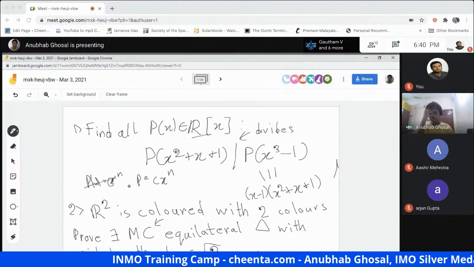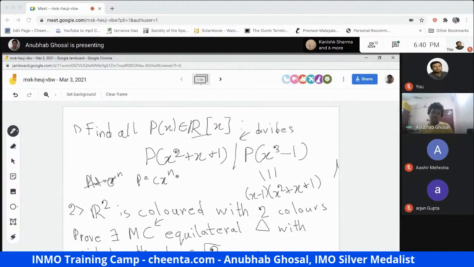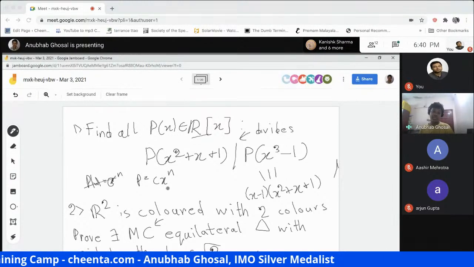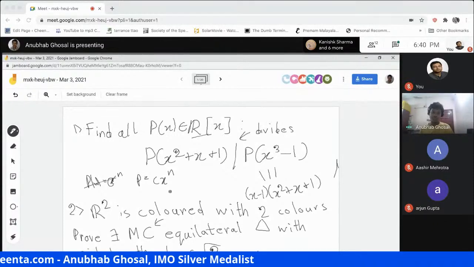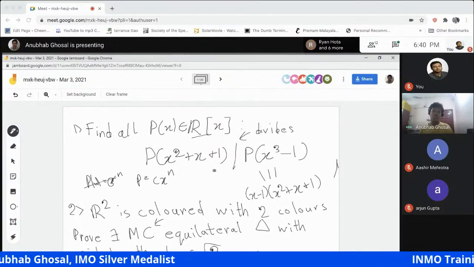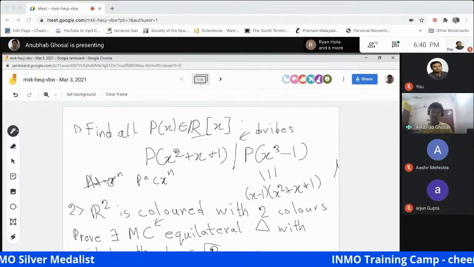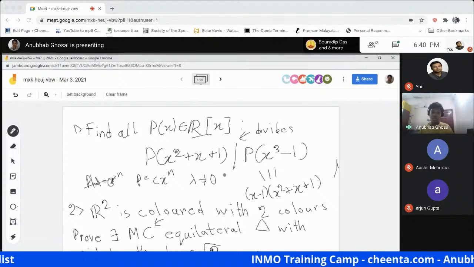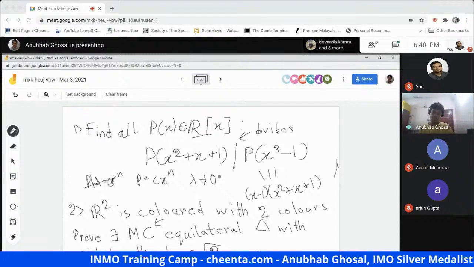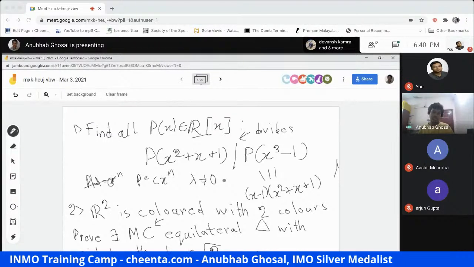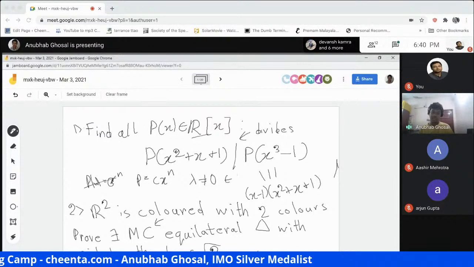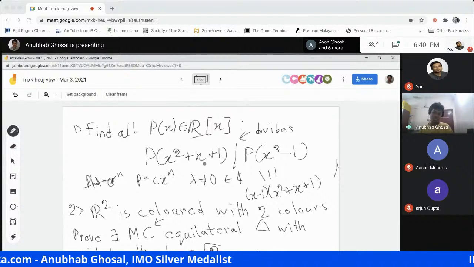I'll give you a hint. The basic strategy is this: we have to prove that 0 is the only root. So suppose lambda not equal to 0 is a root. Firstly, the polynomials need not have roots in the real numbers; it can be complex. So lambda not equal to 0, belonging to the complex numbers, is a root.